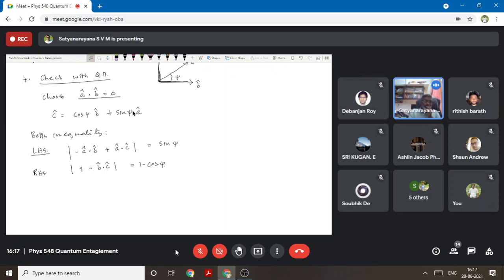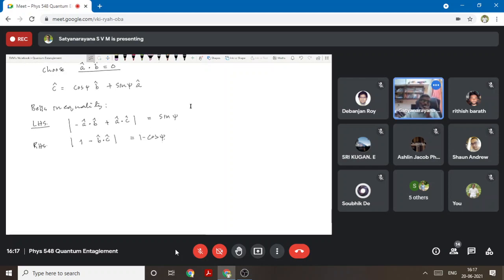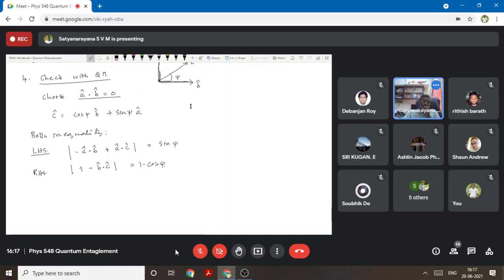Okay, so this is the left hand side and this is the right hand side. Now, what is our result? Bell's inequality tells you that your left hand side has to be less than or equal to the right hand side. So this is Bell's inequality.